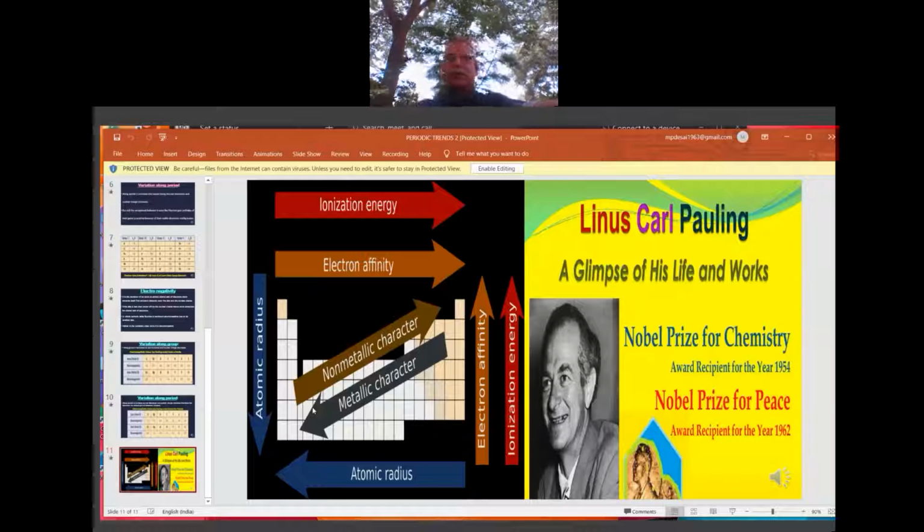So this is a survey we have done, and accordingly the table is made. From the survey we will come to know where you will find the most electronegative, and from this we will know what type of bonding we expect. Francium is the best electropositive, and fluorine is the best electronegative.